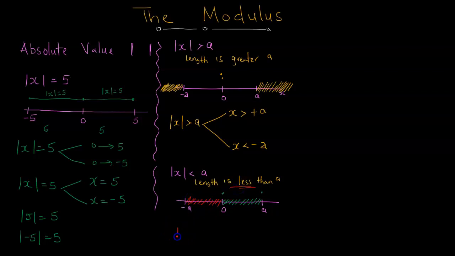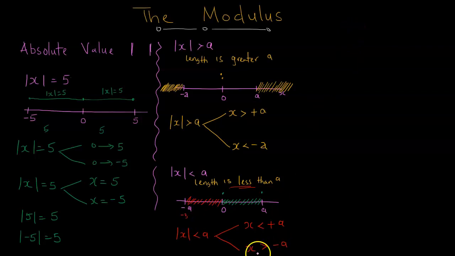Thus, we can see that the absolute value of x less than A also implies two things. One, the values of x are less than positive A and they are greater than negative A. For example, if A is 3, then negative A is going to be negative 3. And we can see that all of the numbers between 0 and negative 3 are greater than negative 3.